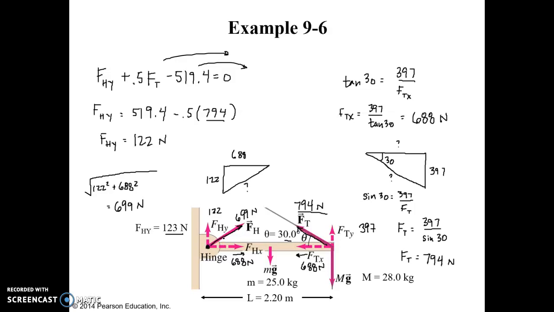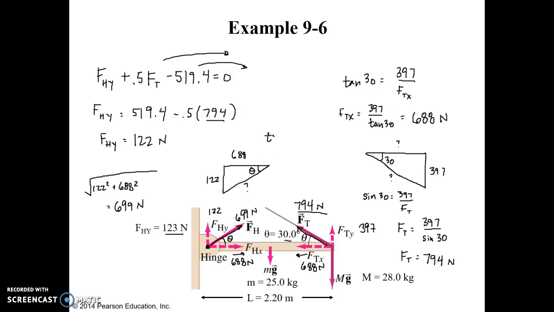And I could even, if I wanted to, find the angle, theta, that this force makes. Again, just basically using trigonometry here. We've got the opposite and adjacent, so I can use tangent.